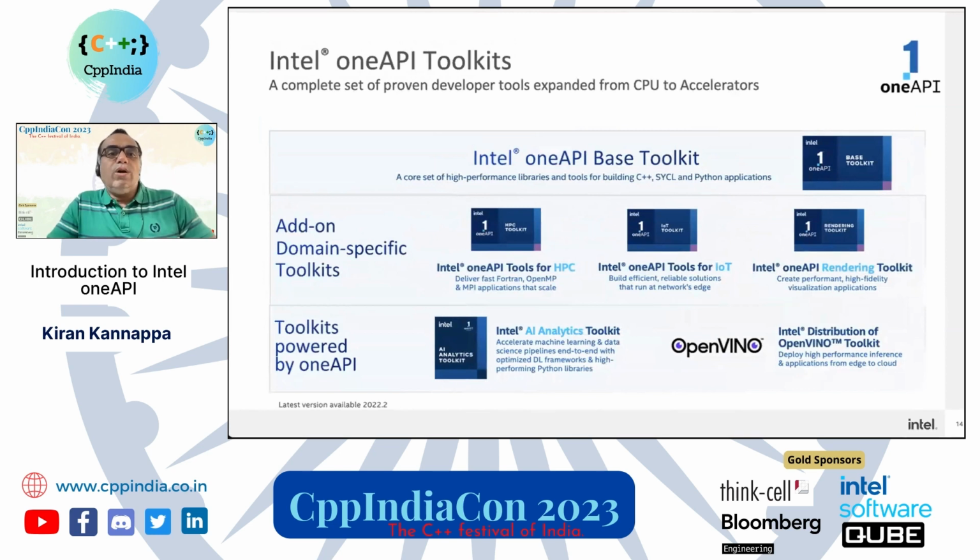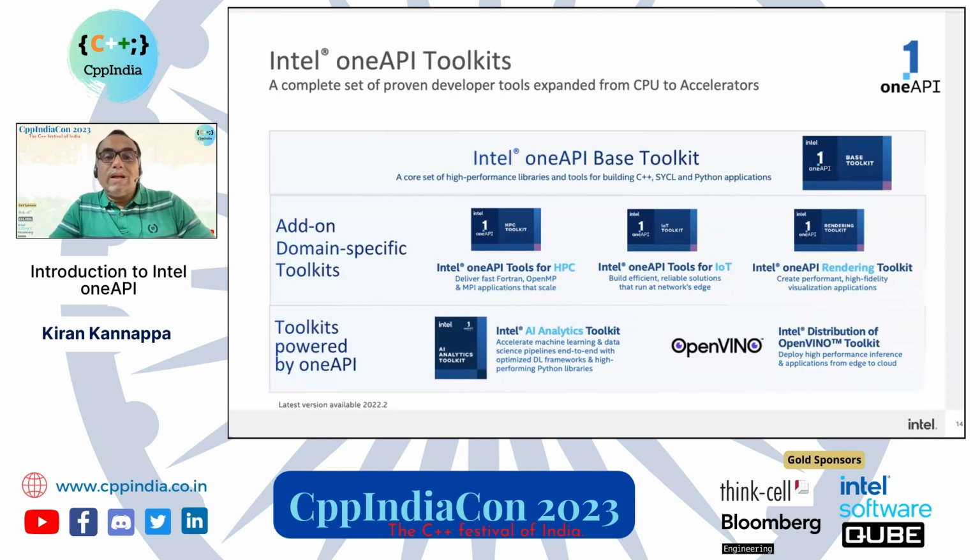All the offerings of Intel in the oneAPI space are distributed as toolkits. There are different toolkits. There's a base toolkit, which is like a common denominator. So you first get the base toolkit. And depending upon your area of interest, you can get any one or more than one of these domain-specific toolkits.